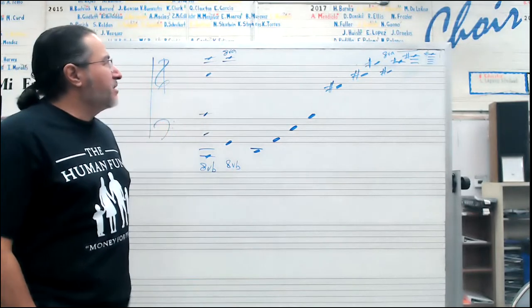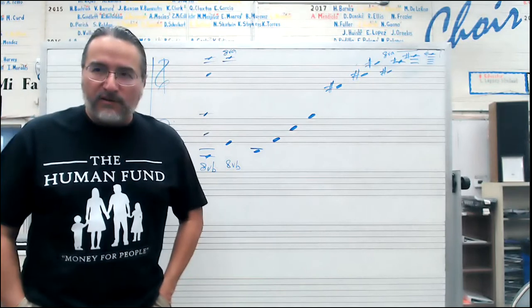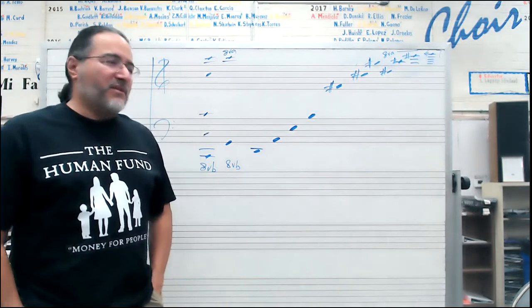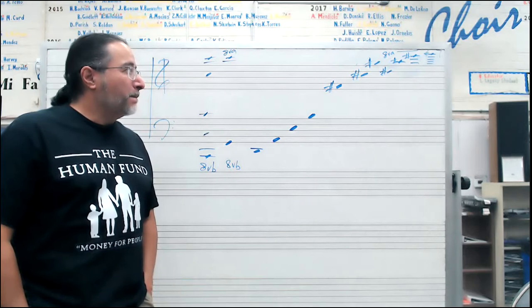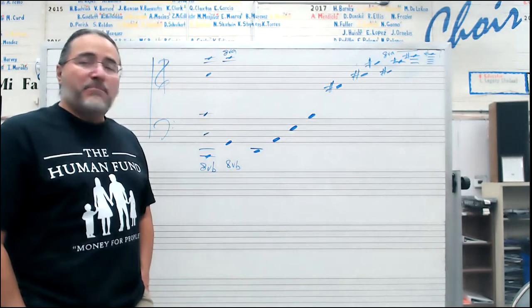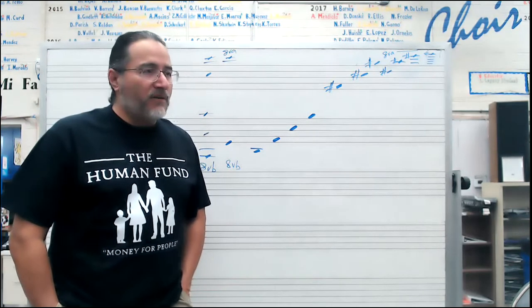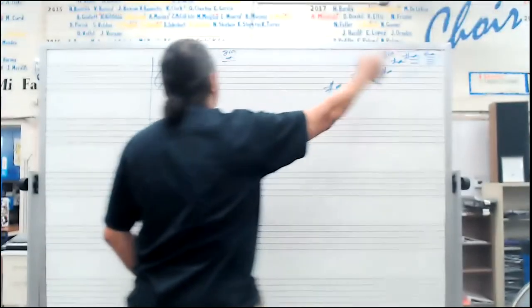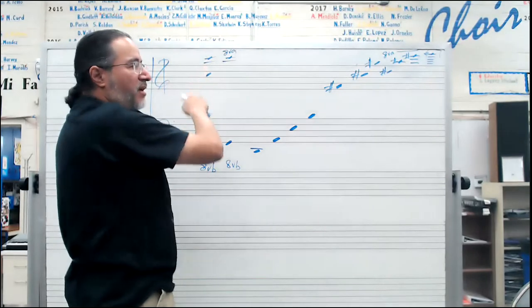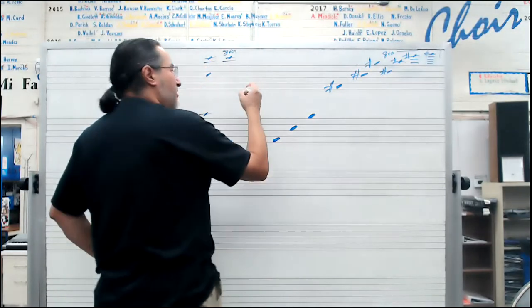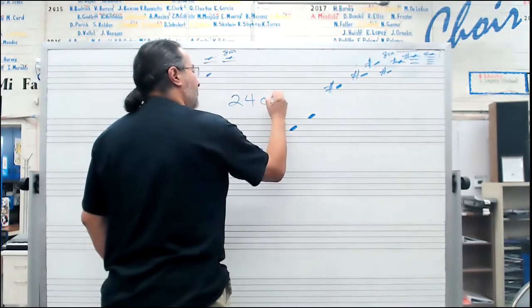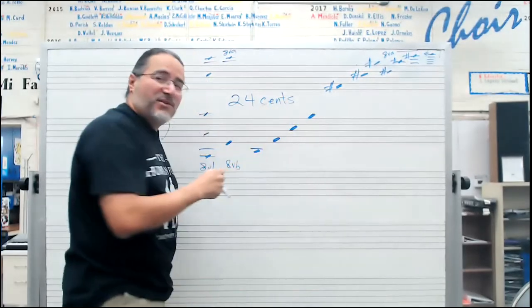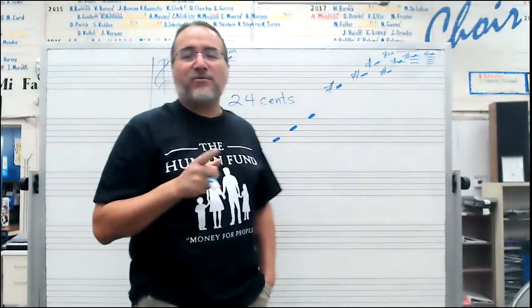Which note is sharper? The B sharp or the C? The B sharp turns out to be more sharp than the C. This note is higher in pitch than this note by about 24 cents. B sharp is sharper than C by 24 cents.